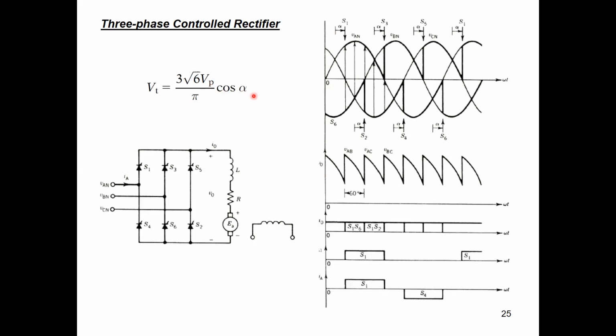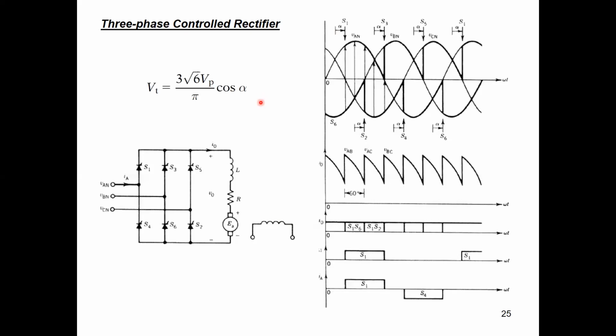So in the same way, if alpha varies from 0 to 90 degrees, the average voltage is positive. And if alpha varies from 90 degrees to 180 degrees, this represents negative voltage, which means regenerative braking mode.